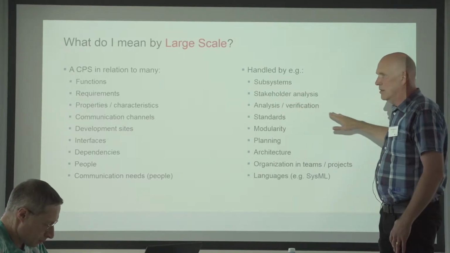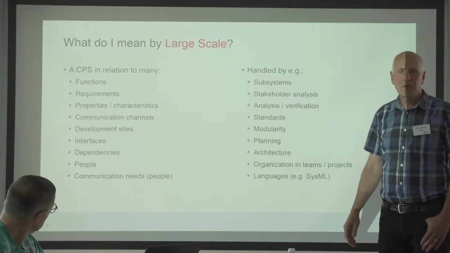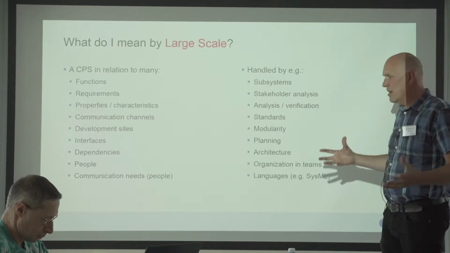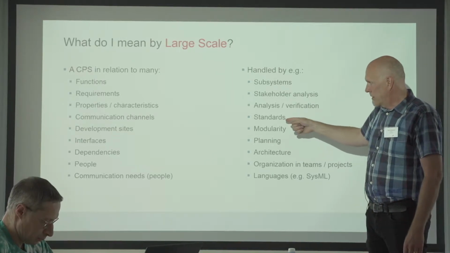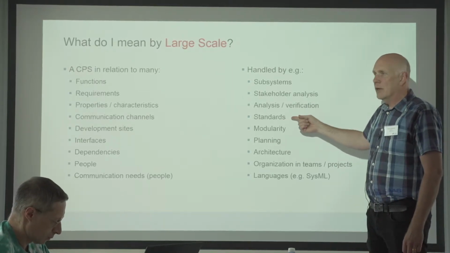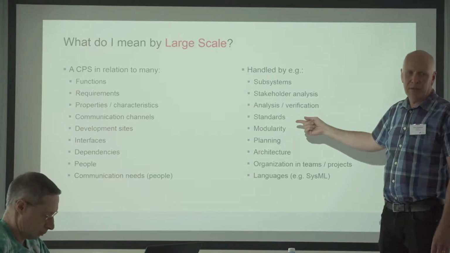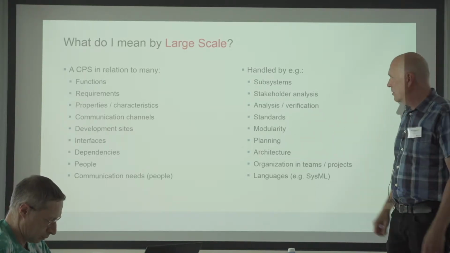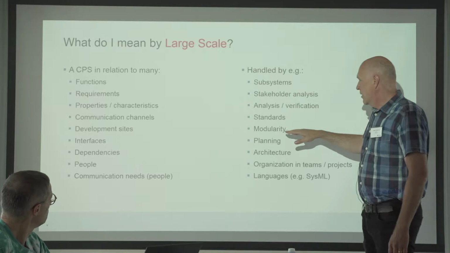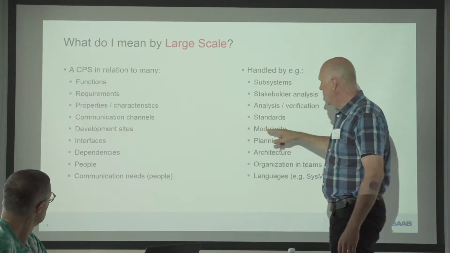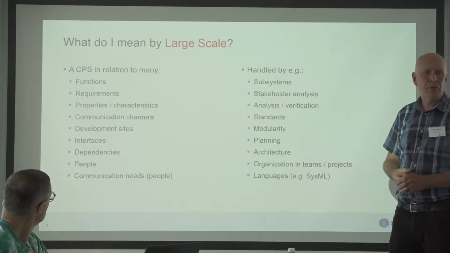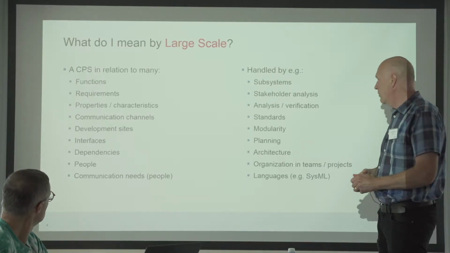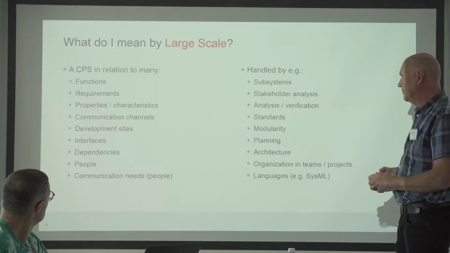We need to simulate and understand the characteristics of the integrated product. Communication channels: typically we rely on standards, like NATO standards, to get the communication reliable. Development sites: here modularity is one thing, and I will talk more about that tomorrow, about modularity and integration of models.